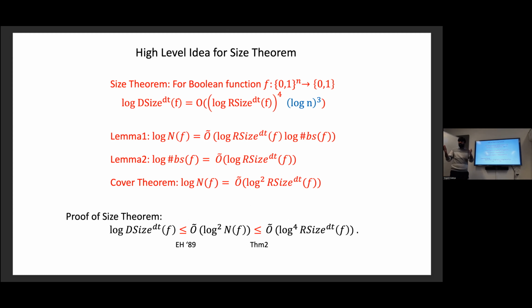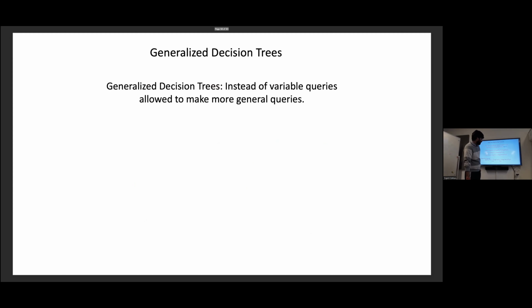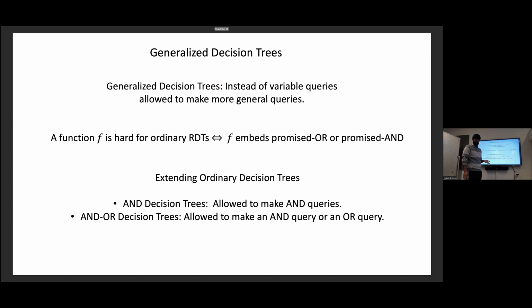Let's say you want to cover your space using affine spaces. Can you show that the log of parity decision tree size is upper bounded by the log of cover number using affine spaces, because affine space will make sense in the parity case. And the other interesting generalized decision tree is the linear decision tree, for which also we don't know.